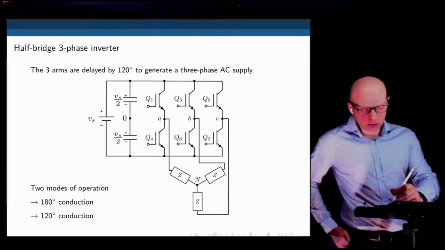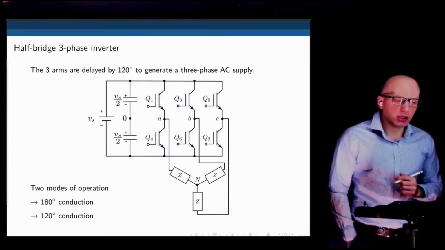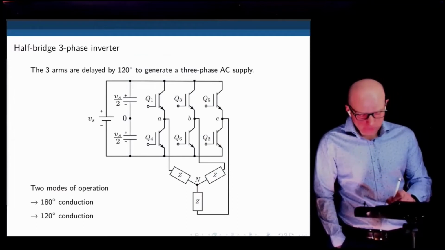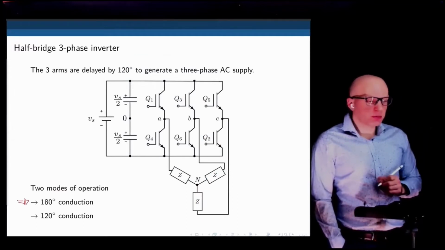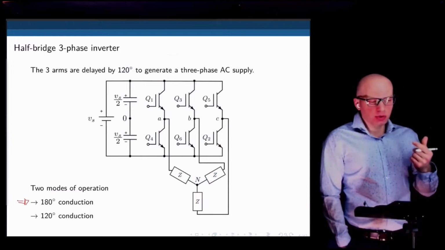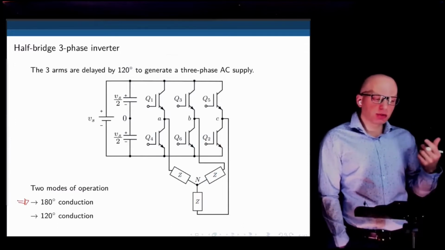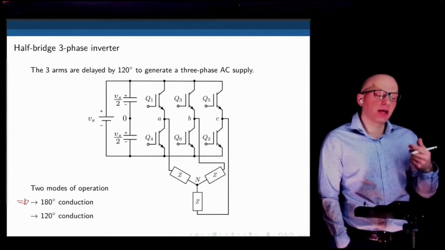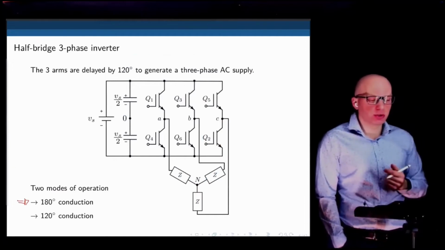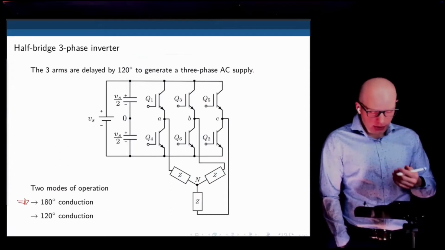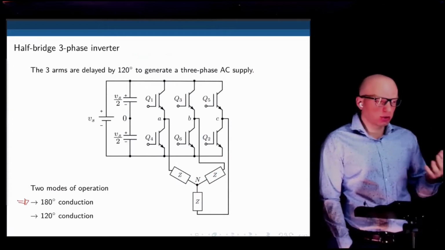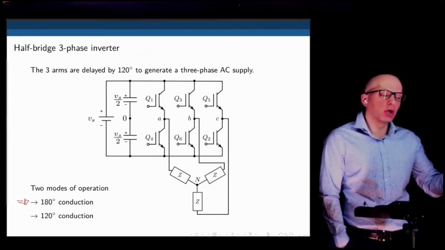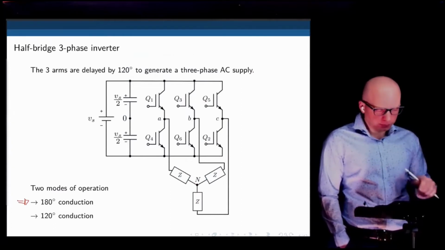The one that we are going to use in this lecture is the so-called 180-degree conduction, where we specify which transistor in a leg conducts, and that transistor in a leg will conduct for 180 degrees before we switch to the other transistor in the same leg. There is also 120-degree conduction, which works very similarly. It's just the way we define for how long each transistor in a leg conducts.